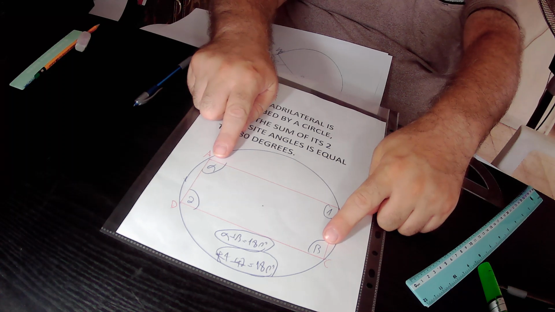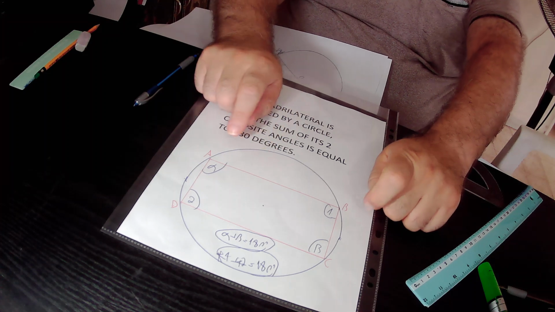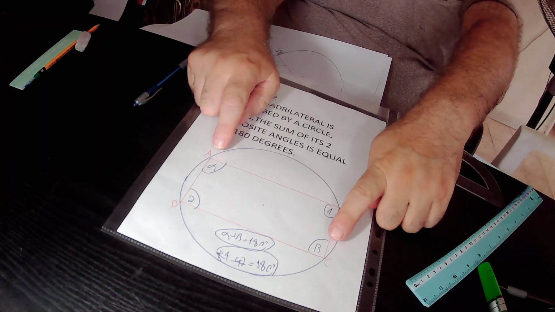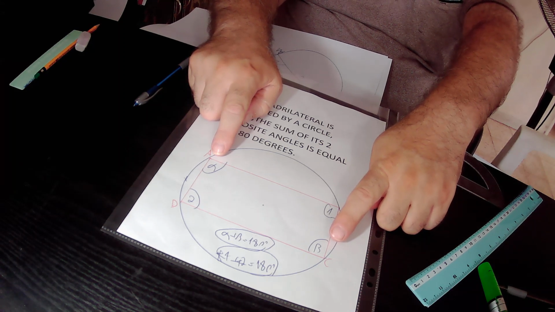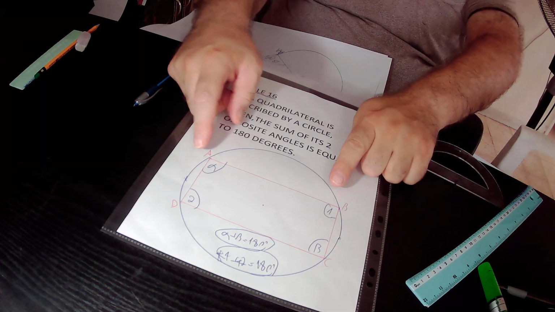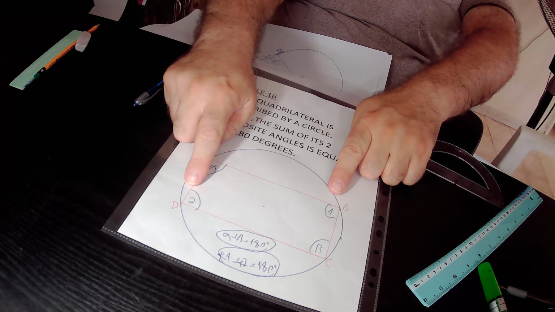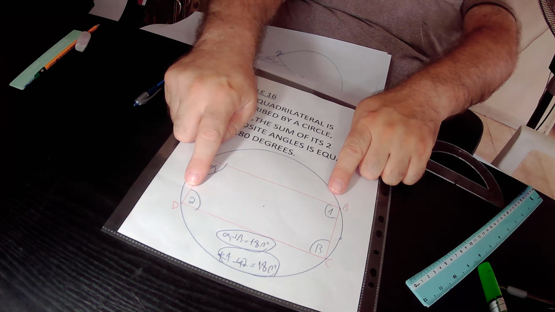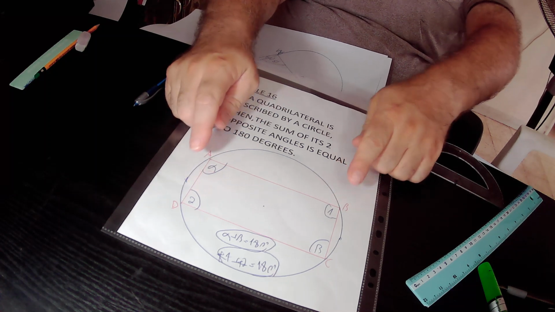Those are the two opposite angles of quadrilateral ABCD, and according to rule 16, the sum of those two opposite angles is equal to 180 degrees. That is to say, alpha plus beta is equal to 180 degrees. Likewise, those two angles are also opposite angles of this quadrilateral ABCD. And according to rule 16, the sum of those two opposite angles is equal to 180 degrees. That is to say, angle 1 plus angle 2 is equal to 180 degrees.